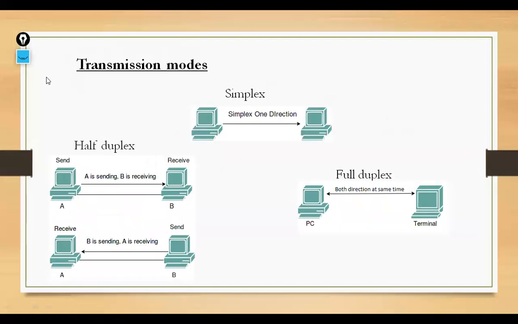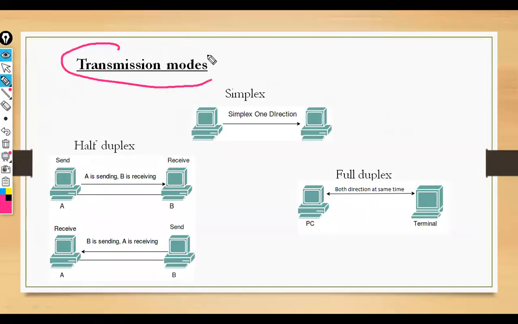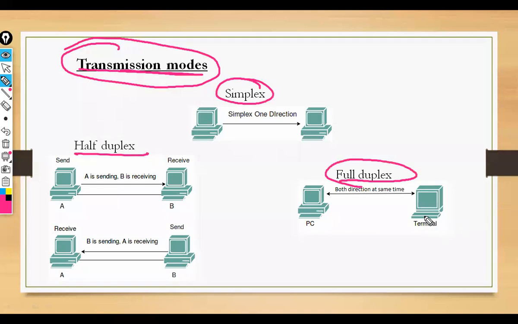Now, the next one, transmission modes. Okay. You have three transmission modes: simplex, half duplex, full duplex. Simplex means one-way communication. An example of one-way communication is radio.